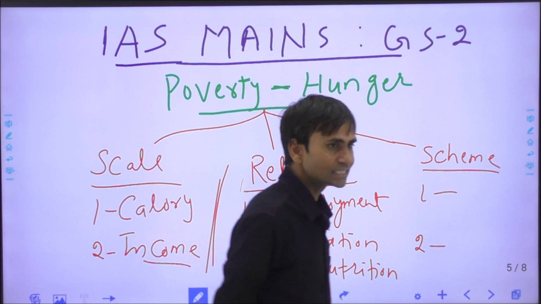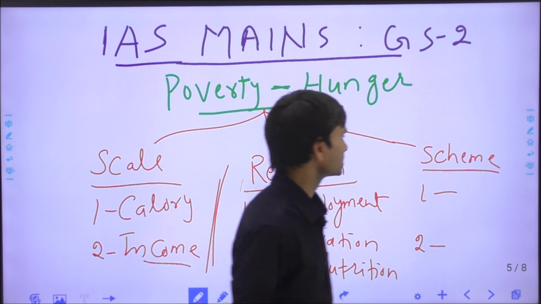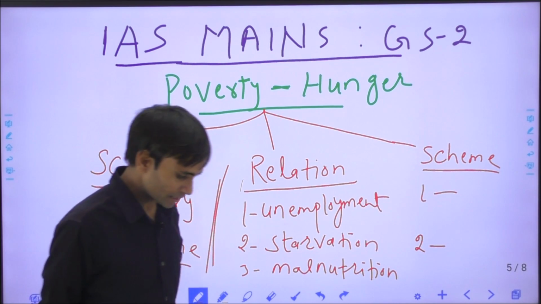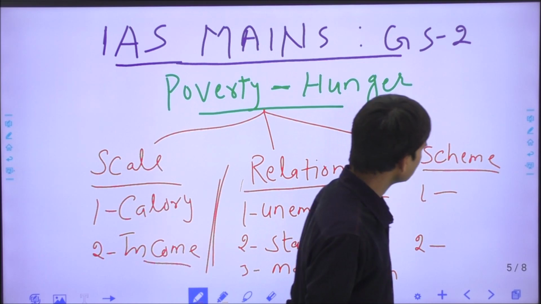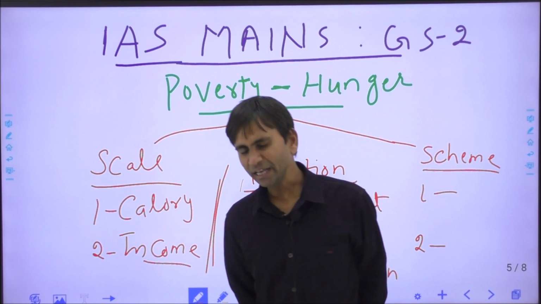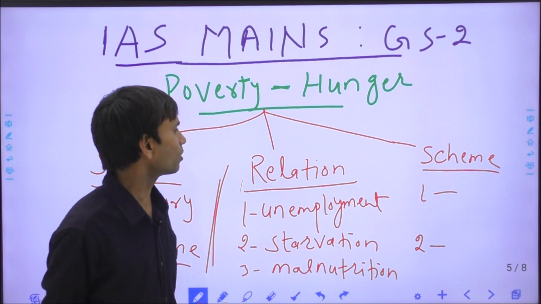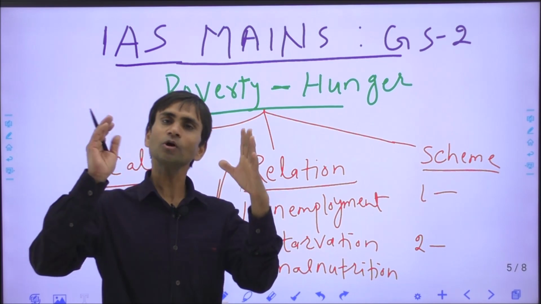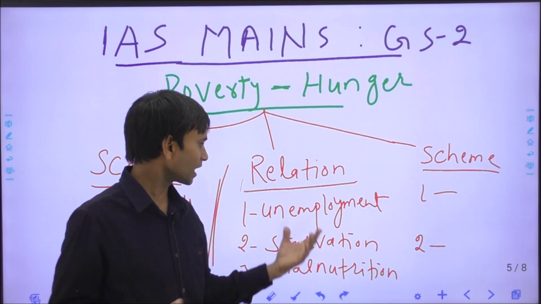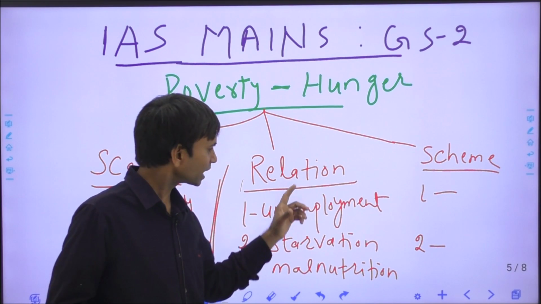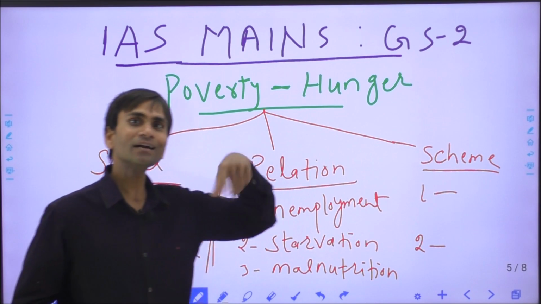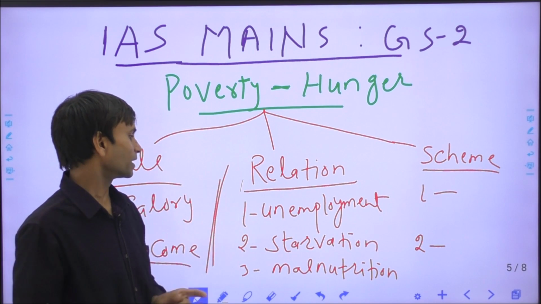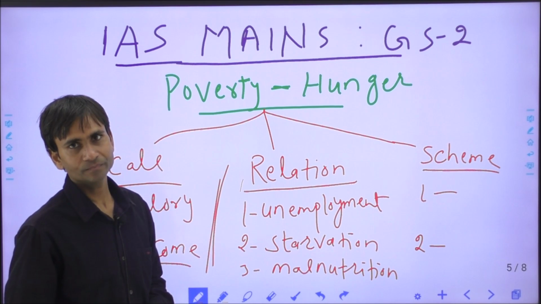And the next is the various schemes. Now you have to understand, the union government and the state governments have launched so many schemes for the alleviation of unemployment and poverty. But most schemes have targeted unemployment, because through unemployment we can indirectly remove the question of poverty and starvation.